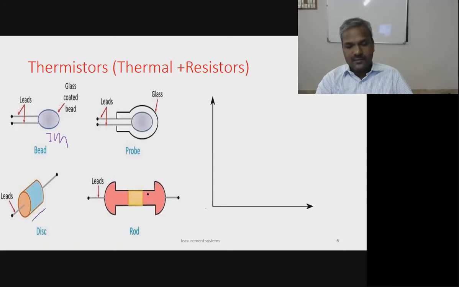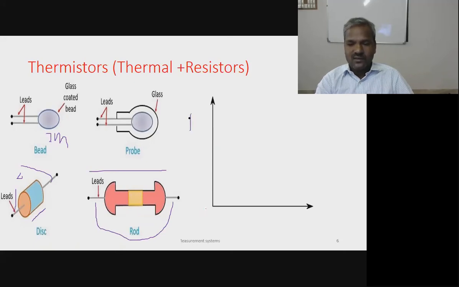These are lead wire connections where we can detect the change in resistance in the circuits. This is rod shape. These two are the connecting leads of the thermistor. This is basically called NTC, negative temperature coefficient.